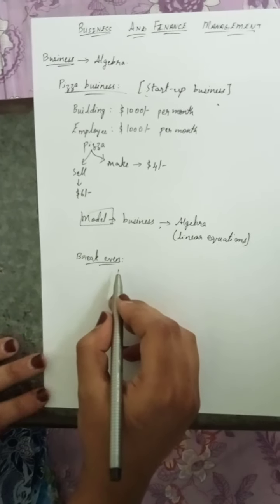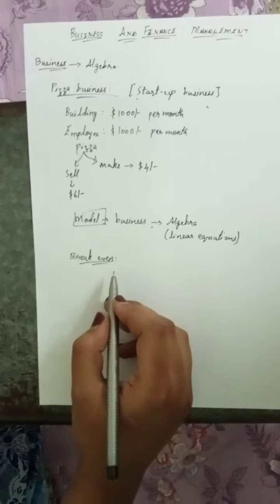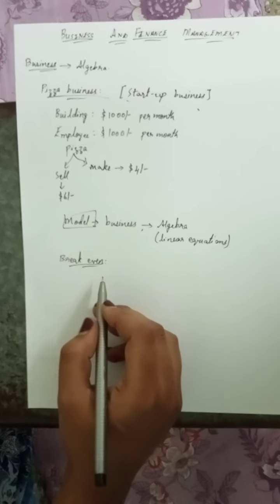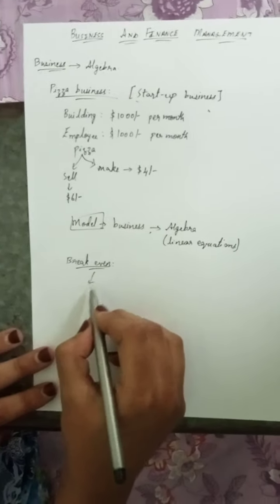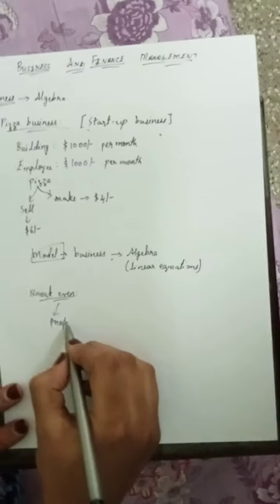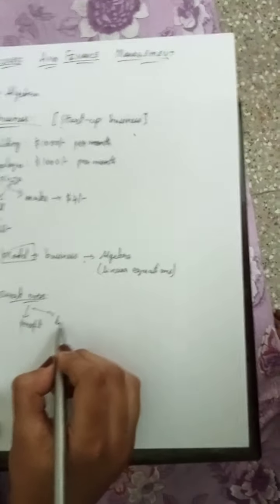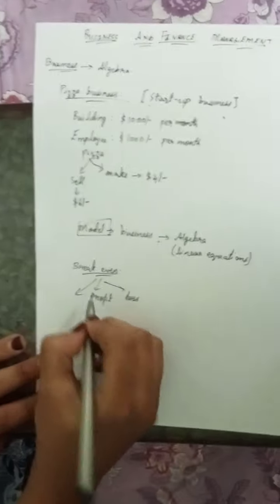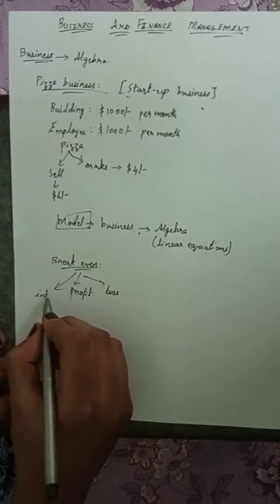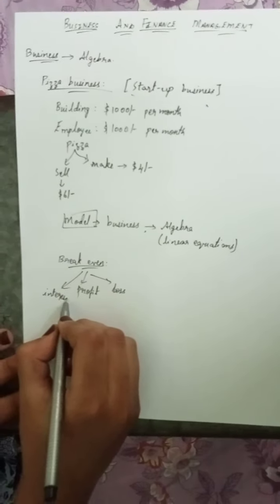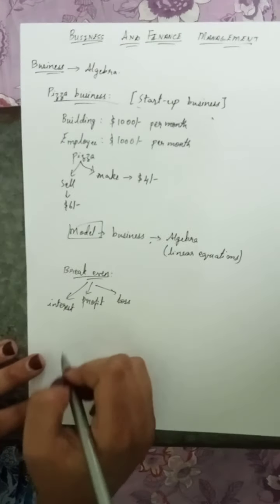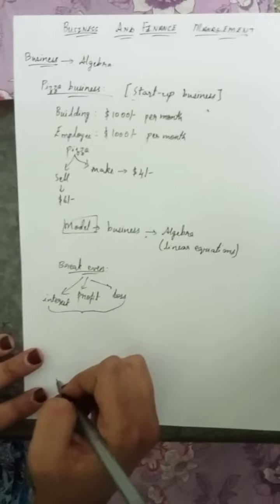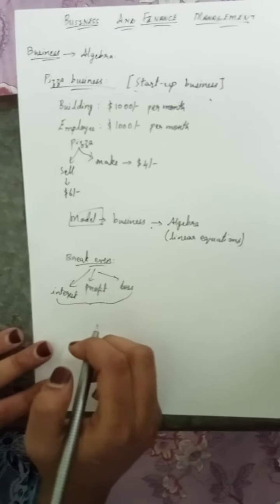Now break even in the sense, when you start a business, at that time you need to make sure about the profit, the loss. At the same time, you have to also make sure about the interest. So now these three are very important for a business to start.